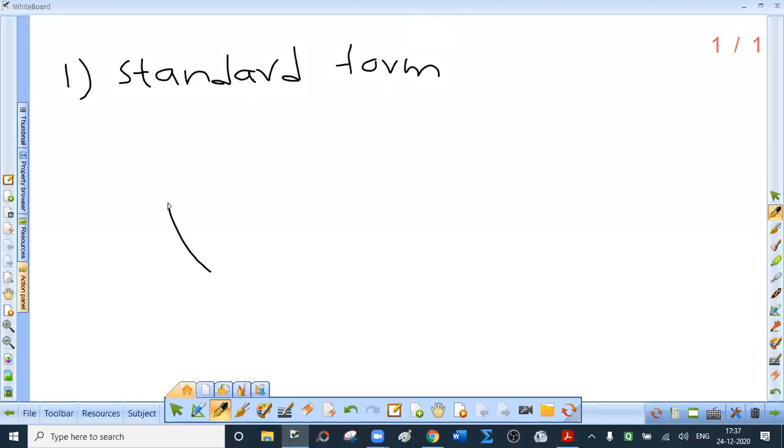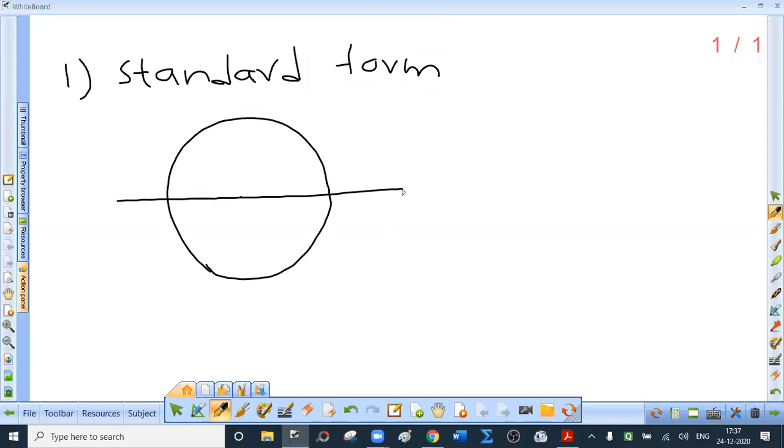As I said, for that we have to make proper choice of coordinate axis. We consider center of the circle at origin. Okay. So origin is the center, and we take radius of the circle as, say, small a or small r. Suppose I consider it as small a. Now how to get equation of locus? For that we consider any point P(x, y) on the locus.